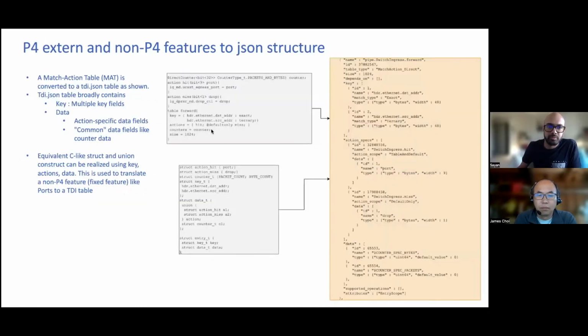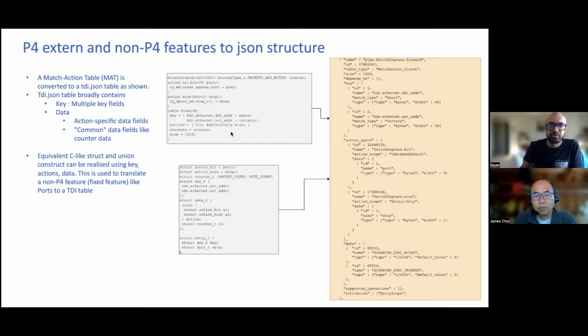Okay, so going forward to how the table structure is achieved, or what is the table structure. In this diagram, a match action table is being converted to a TDI table. So let's say the match action table consists of certain key fields, certain actions, and a direct counter. So the corresponding TDI table will look like a group of key fields, a group of actions, and something called common data.